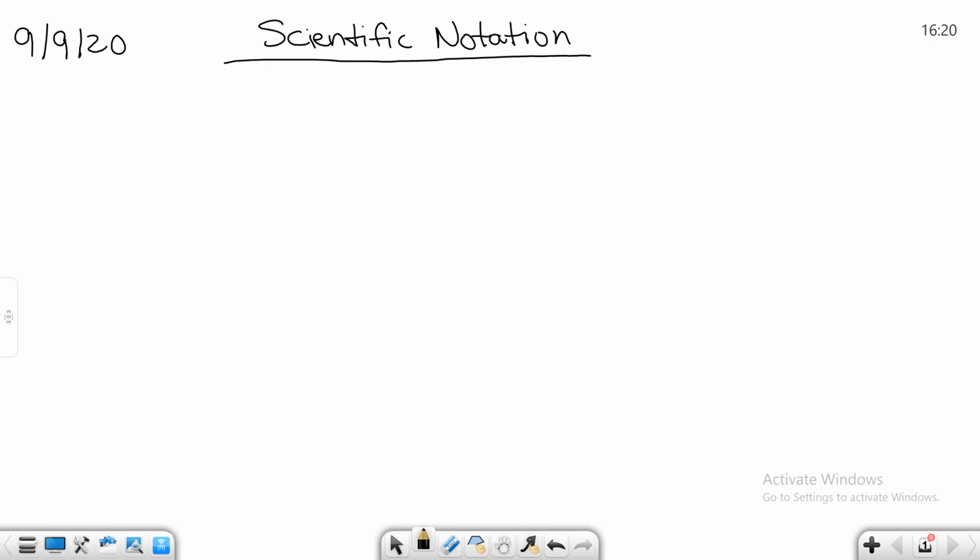So remember that everything I write, you should be writing in your journals as well. So scientific notation is a way to write very large or very small numbers.